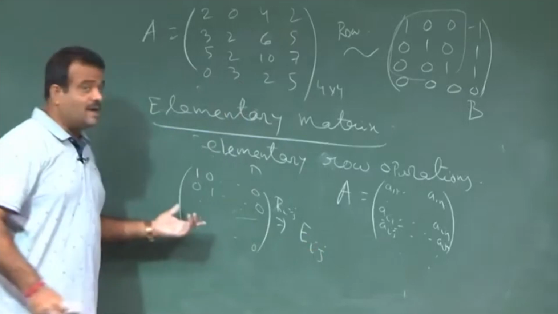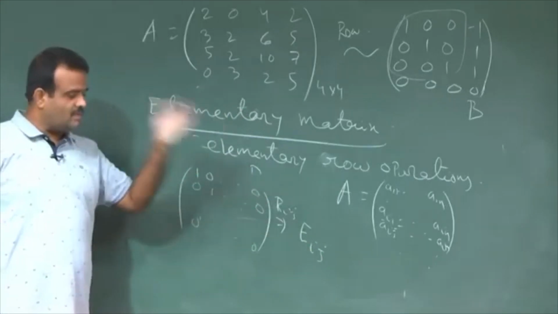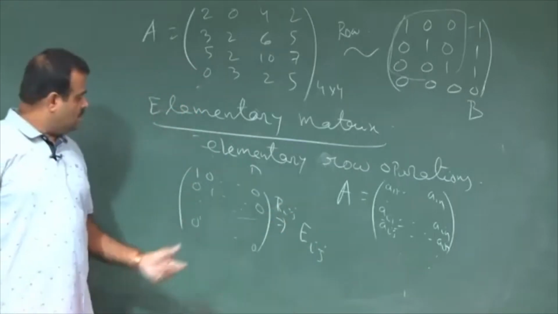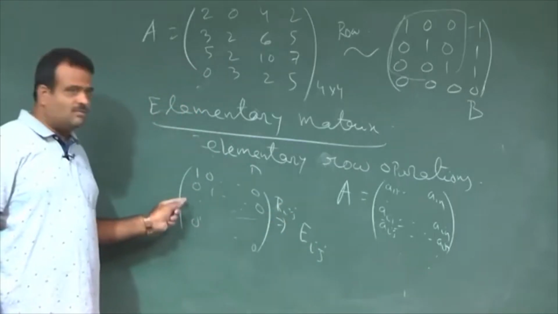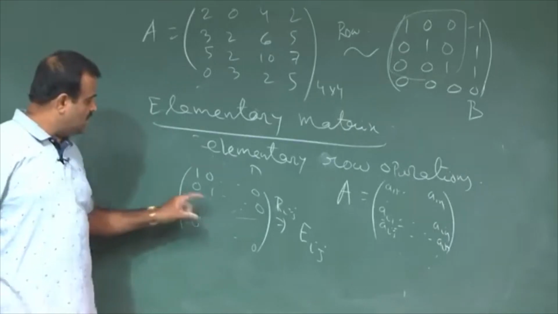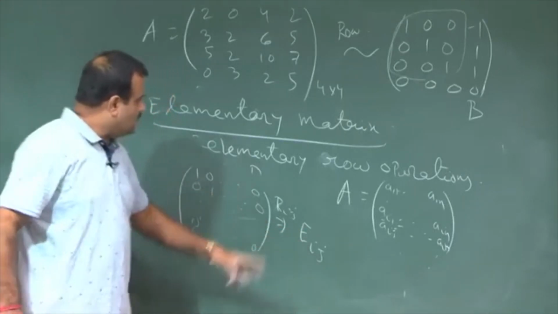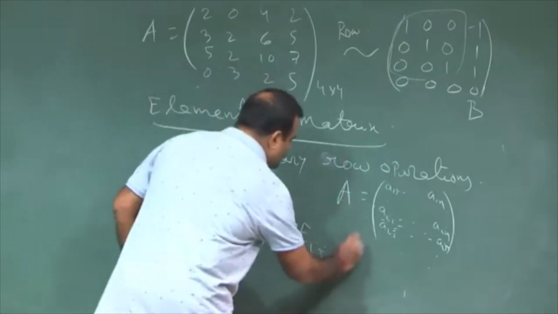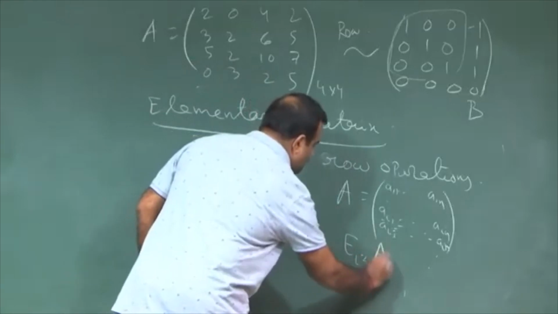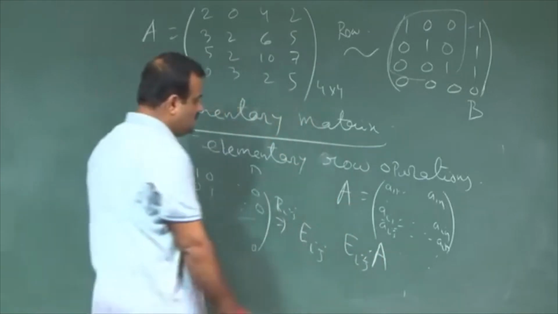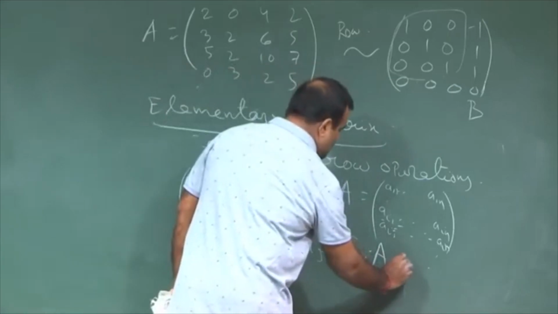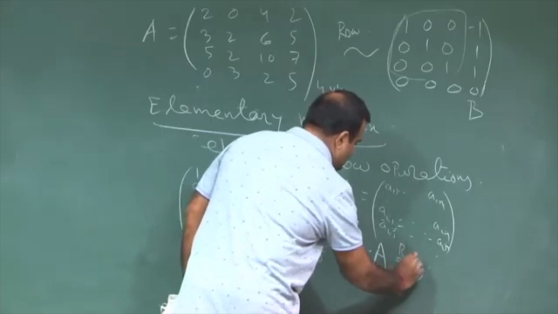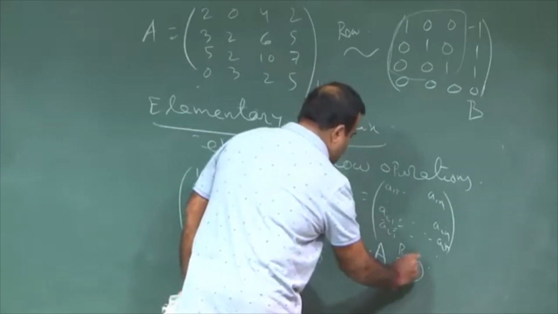So, E_ij means we take an identity matrix of the same order as the number of rows, and then we exchange the ith row and jth row on this, and that will become E_ij. Now, doing this operation is nothing but multiplying E_ij with A. This we can easily verify.